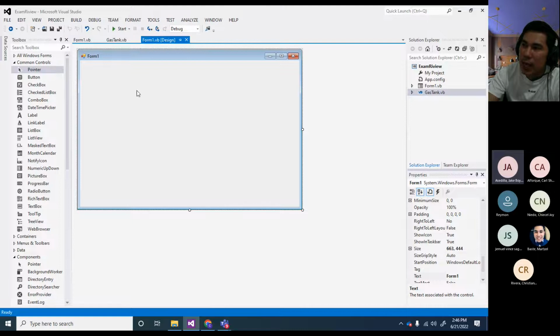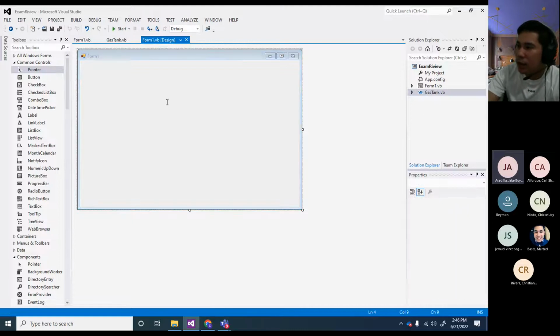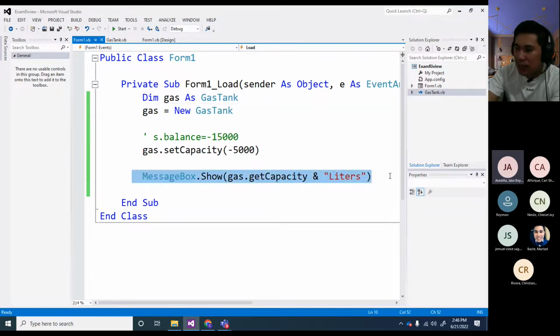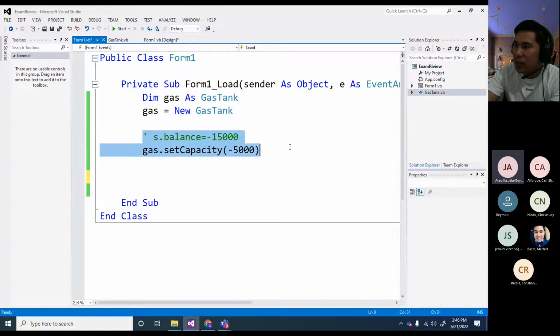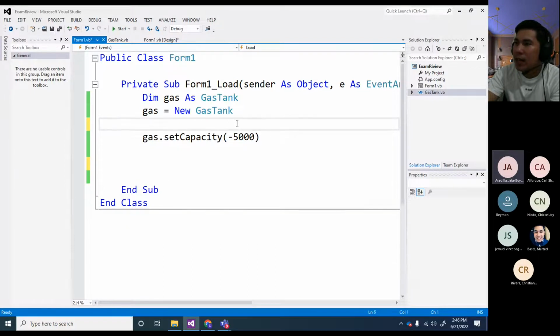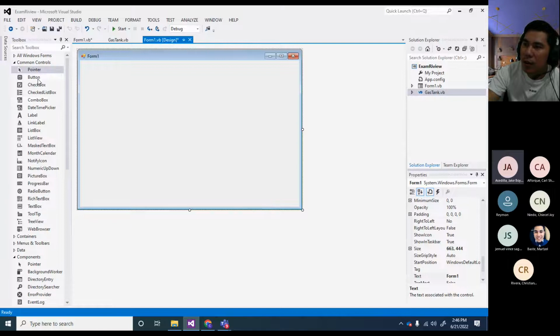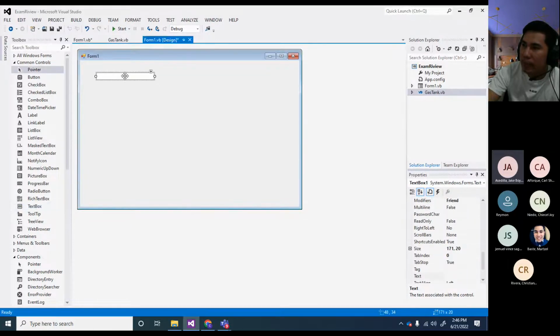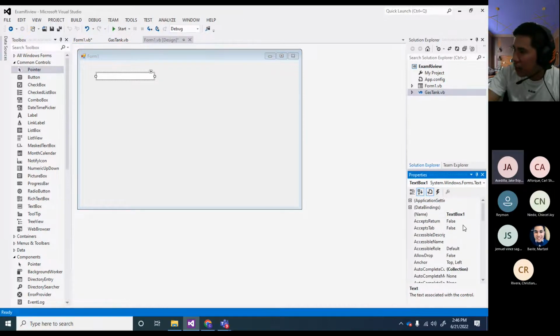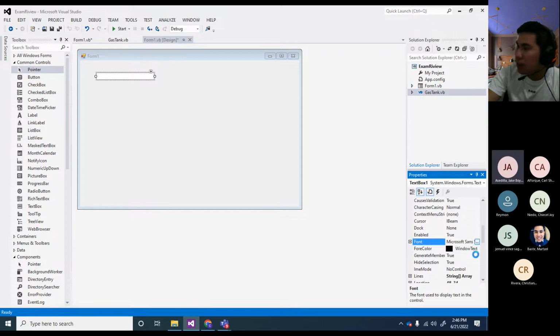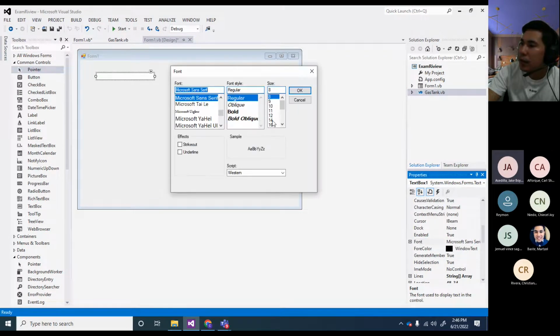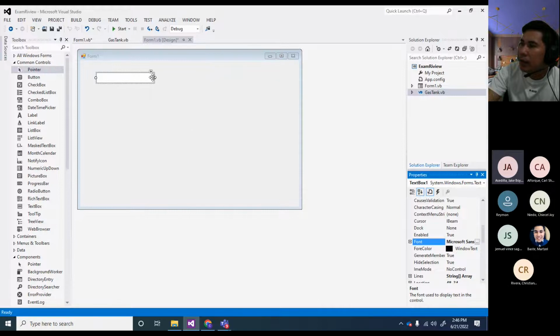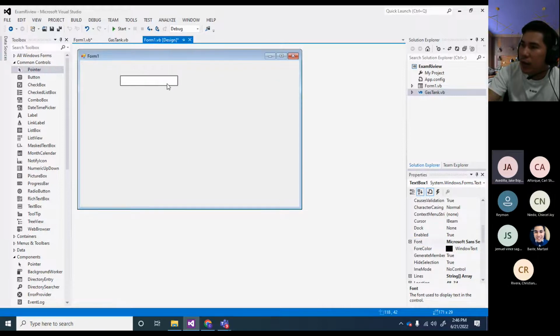Since we used a message box, let's remove this message box, and then let's create a text box instead. Allow me to change this one first.